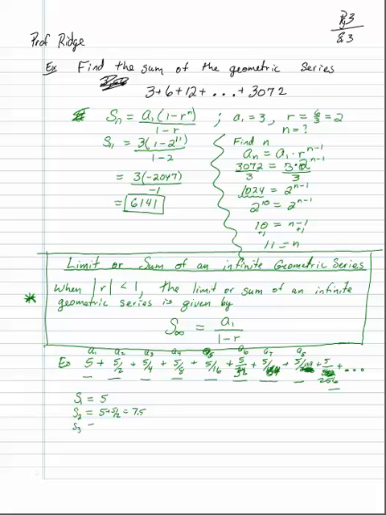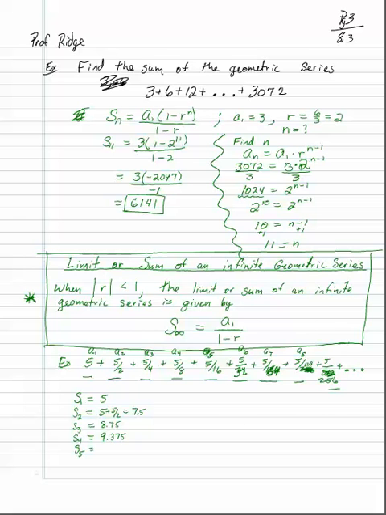S sub 3 would be 7.5 plus 5 fourths, so 5 divided by 4, which is 8.75. S4 would be S3 plus 5 eighths, so 8.75 plus 5 divided by 8, which is 9.375.